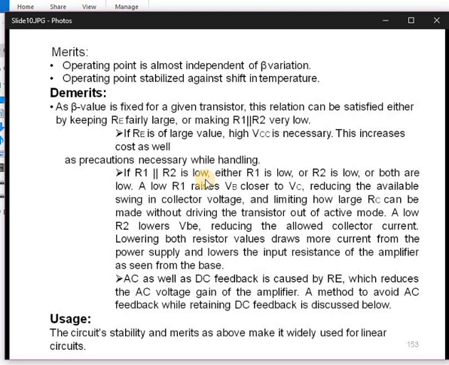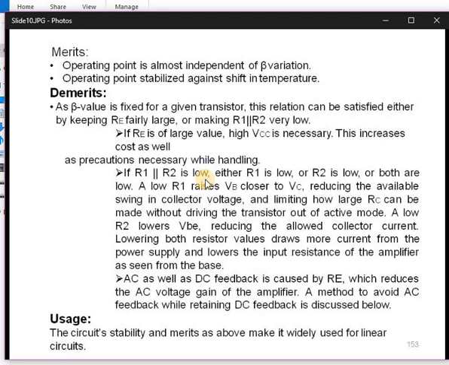Suppose we lower both resistor values. Reducing both resistor values draws more current from the power supply and lowers the input resistance of the amplifier.